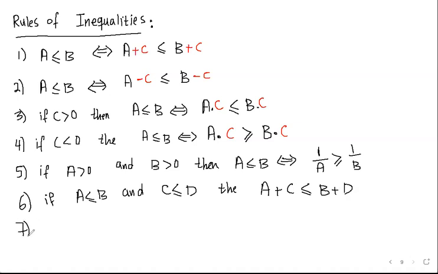The last one: if A less than or equal to B and B less than or equal to C, I can do the transitive, then A less than or equal to C. By the way, this name is transitive.